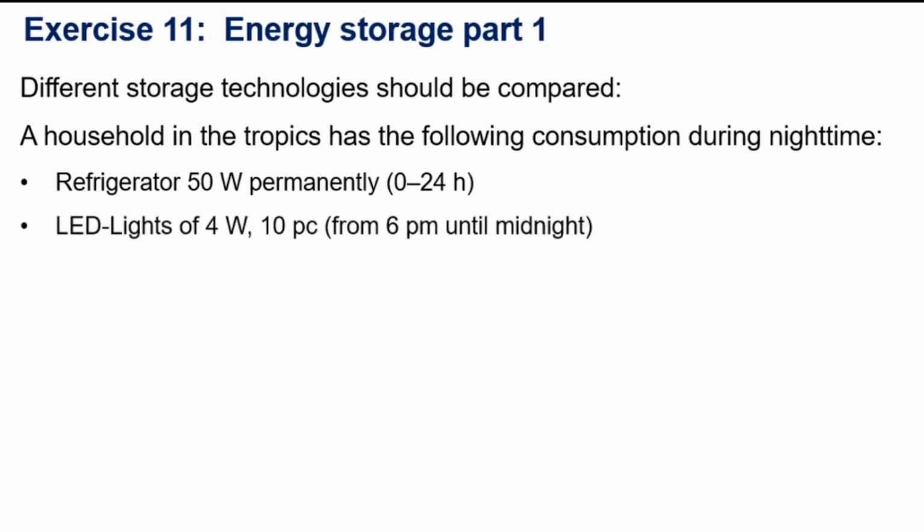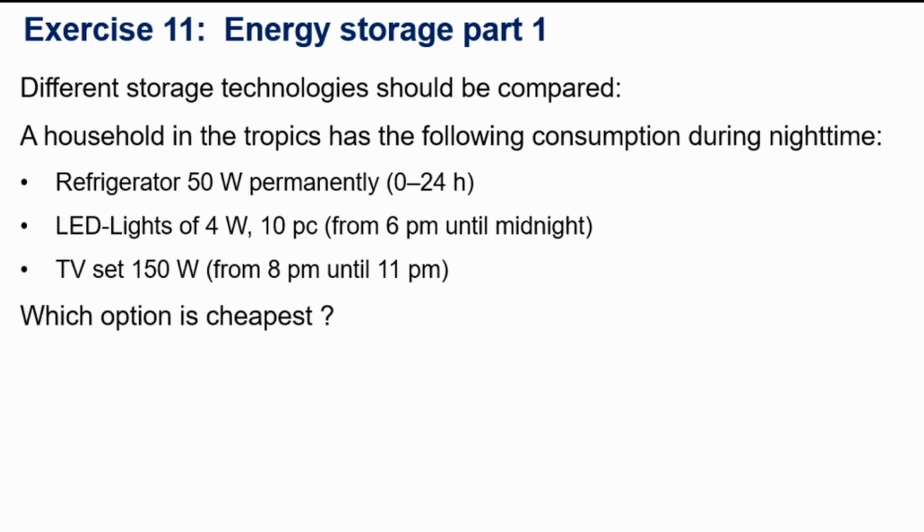LED lights of 4 watt each, about 10 pieces, and they run from 6 p.m. until midnight. A TV set of 150 watt power. It runs here for the telenovela from 8 p.m. to 11 p.m.